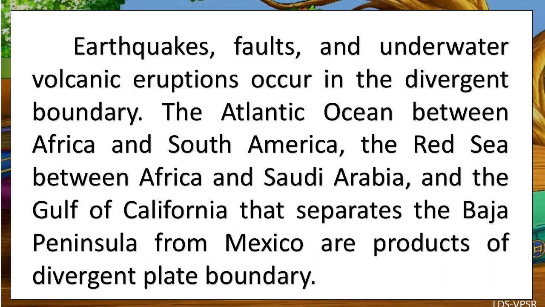Earthquakes, faults, and underwater volcanic eruptions occur in the divergent boundary. The Atlantic Ocean between Africa and South America, the Red Sea between Africa and Saudi Arabia, and the Gulf of California that separates the Baja Peninsula from Mexico are products of divergent plate boundary.